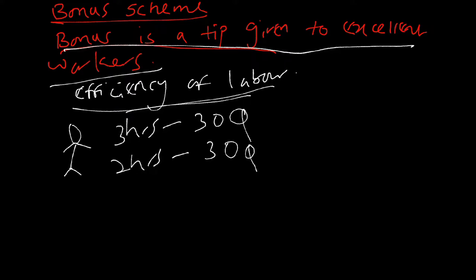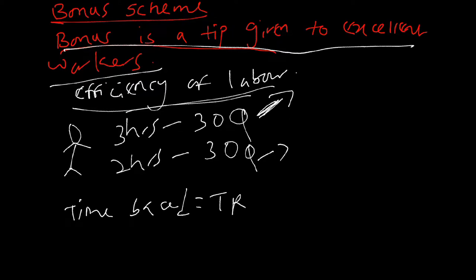Because using the time-based method, the amount that will be collected by the worker here will be greater than the amount here, because the time-based method is equal to time rate times time taken.